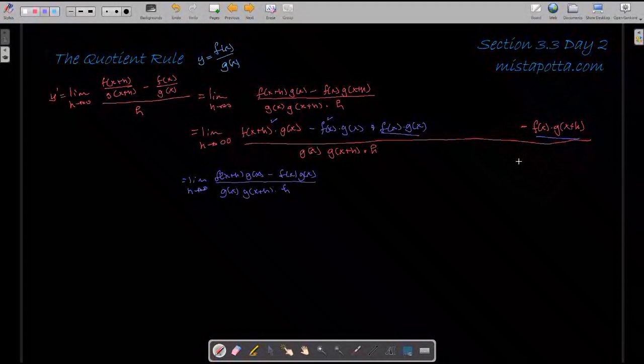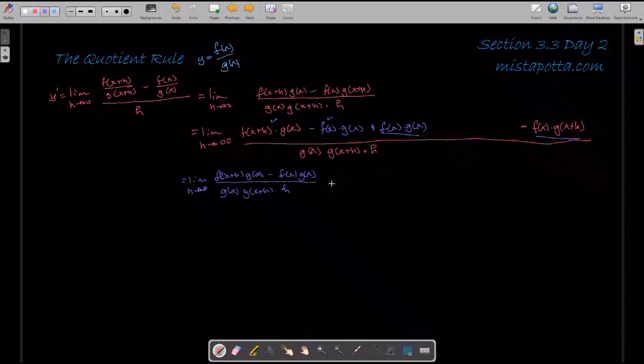The problem is that whenever I'm looking at the form of a derivative, the x plus h term should come first. And I'm looking at this, and the x plus h term isn't really coming first.